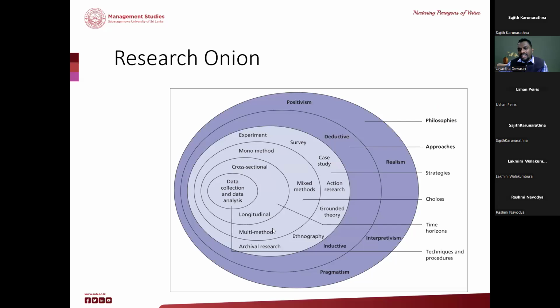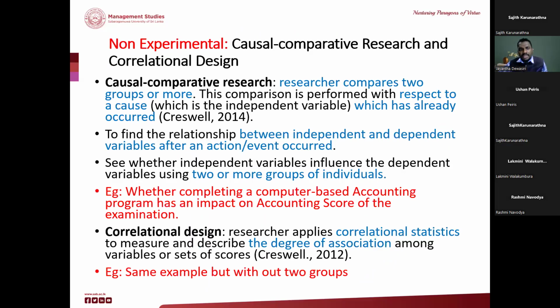Here I stated two strategies in a single study in the same paradigm: grounded theory with ethnography, survey with experiment, likewise. The same paradigm, two strategies together, we call multi-method. So we call it data triangulation or within-method triangulation as well.